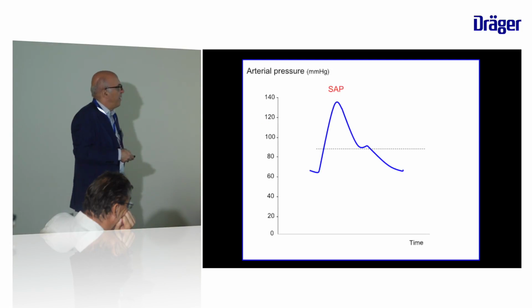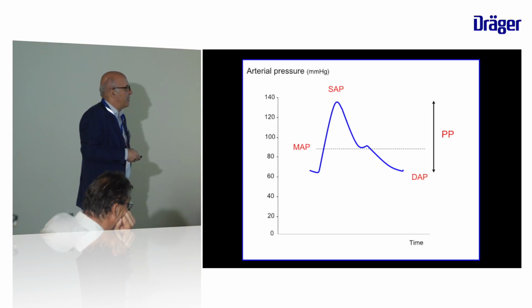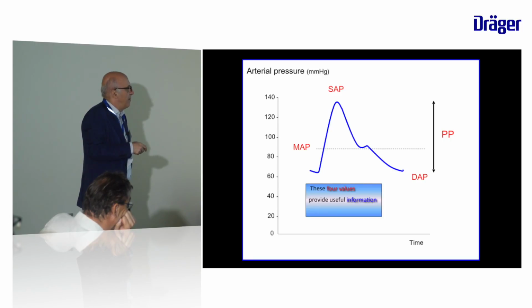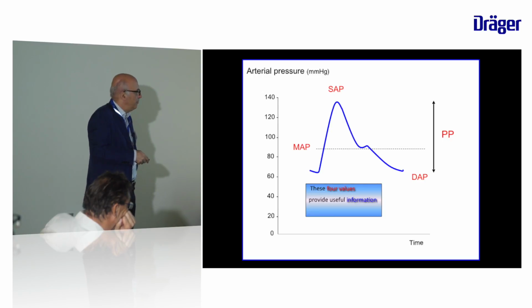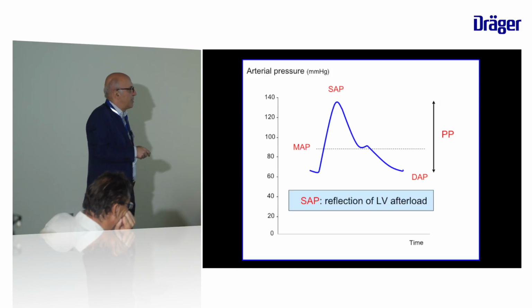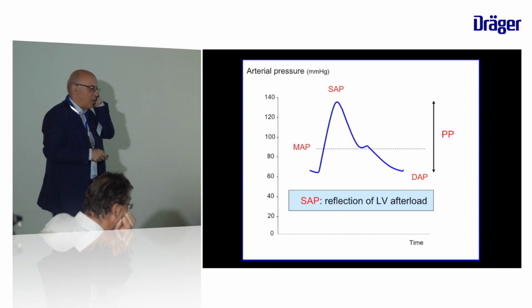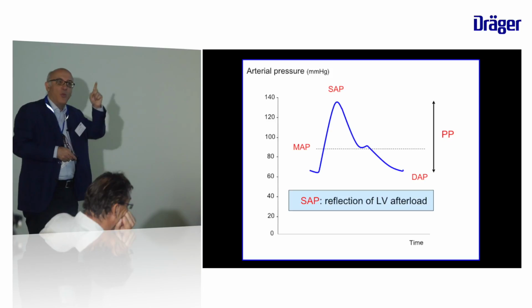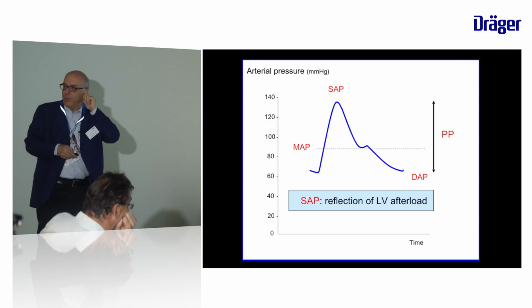So we have different, very easy parameters, which are the mean arterial pressure, the systolic pressure, the diastolic pressure, and the pulse pressure, which is the difference between the systolic and the diastolic pressure. The systolic pressure is the reflection of the left ventricular afterload, with the limitation that I showed you before.